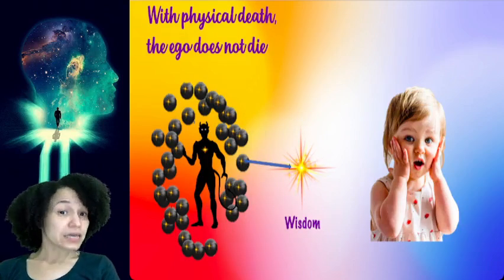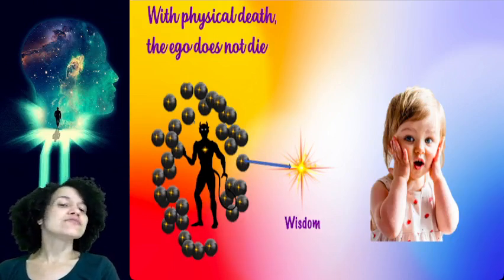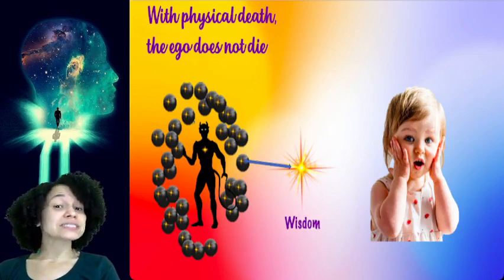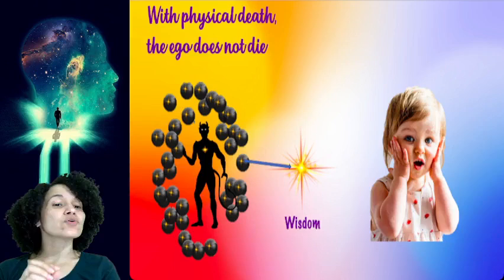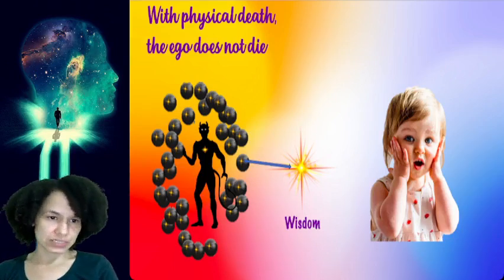But the ego, each one of our psychological defects, doesn't die with the death of the physical body either, since they have trapped within themselves an immortal essence that allows them to transcend the death of the physical body.